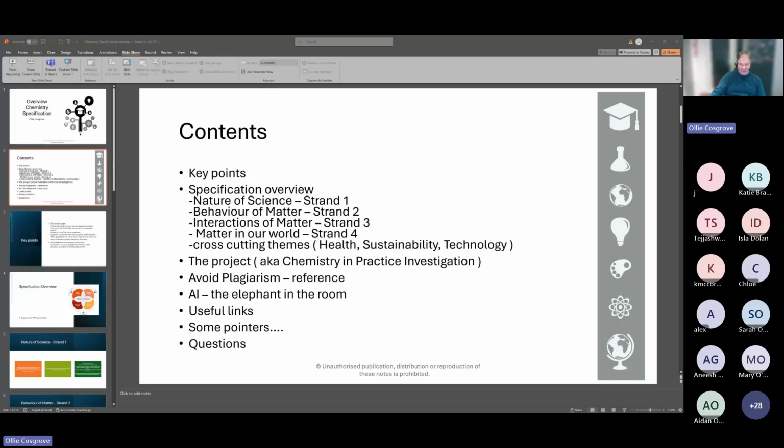The other four strands, the nature of matter, behavior of matter, interactions of matter, and matter in our world, we'll be talking about those. But when you look at the sample papers and the old papers, the questions, while they're a little bit different, they're not that different. So there's a lot of areas in the new specification where you can use practice questions from the old syllabus.